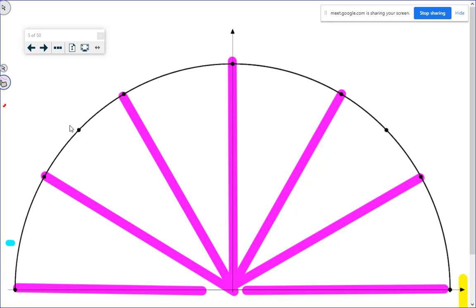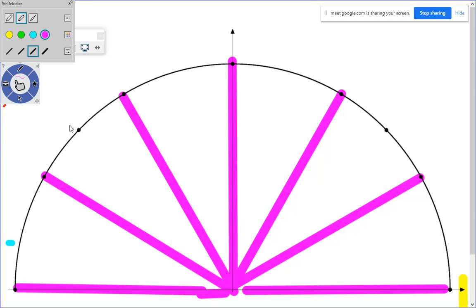So if you count how many pieces there are here, the whole thing you're looking at is pi, well, there's 1, 2, 3, 4, 5, 6 pieces, which means 30 degrees is pi over 6.